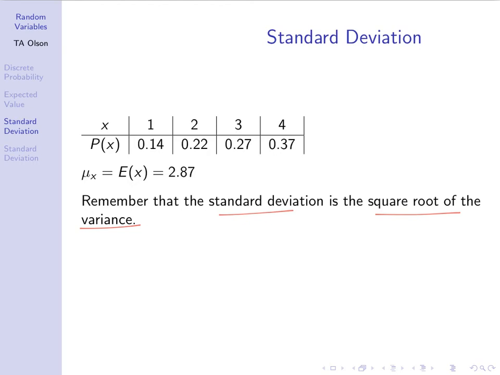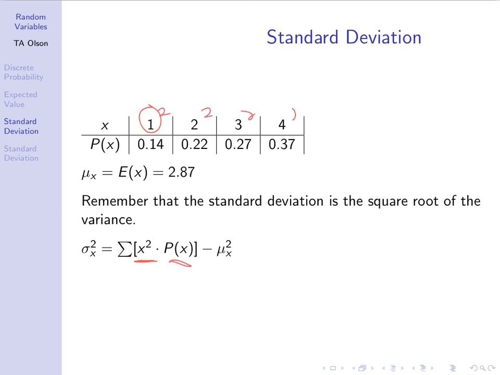So how do we calculate a variance if we are forced to do it by hand? Well, in this case, we take the square of our x values. We take each one of them, multiply them by our probability, then add those things up. And then we subtract off the square of our expected value, of our mean.